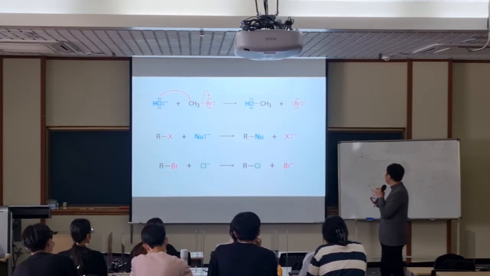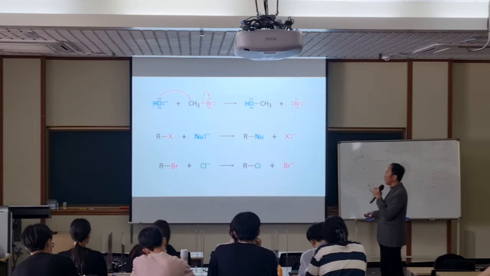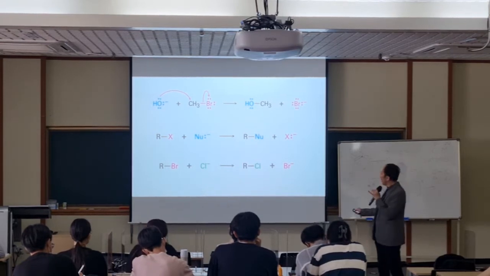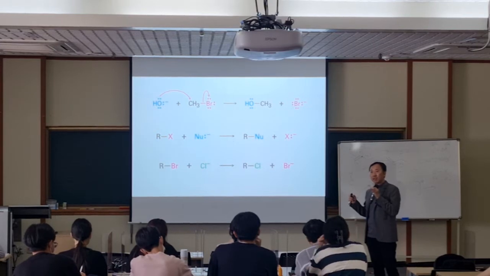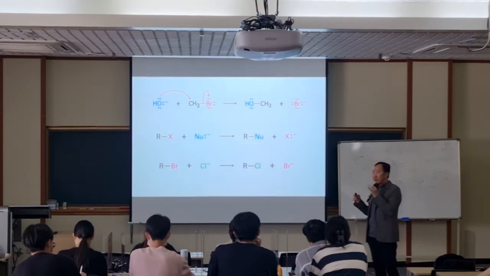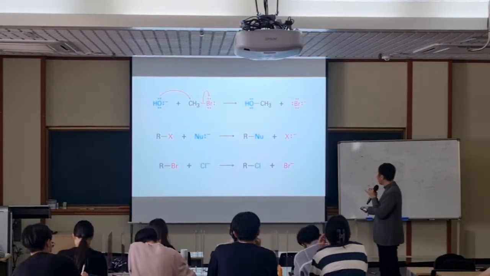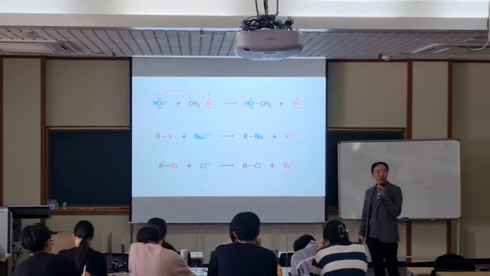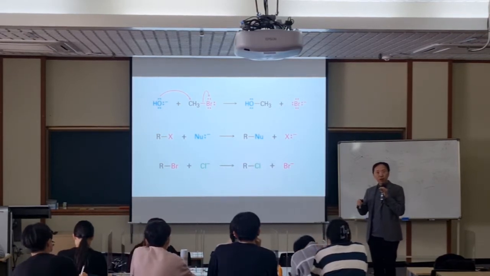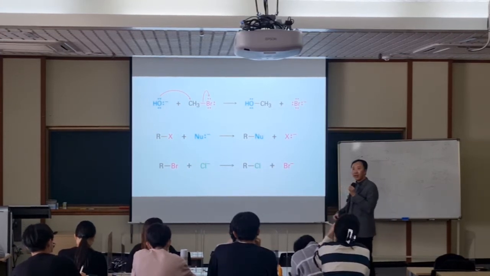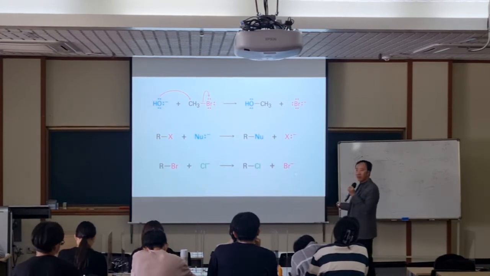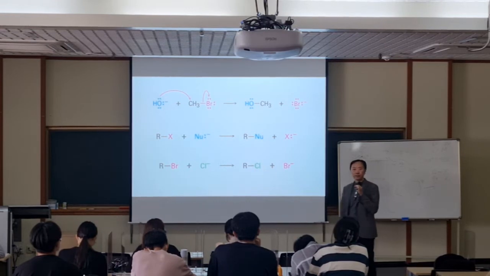Now, if you think about the reverse reaction here, the problem is OH minus is not stable. That means it's more energetic. In comparison, Br minus or Cl minus, both of them are conjugate bases of strong acids. That means they are much more stable as is. That's why this reaction is reversible in both directions. This one is too reactive.